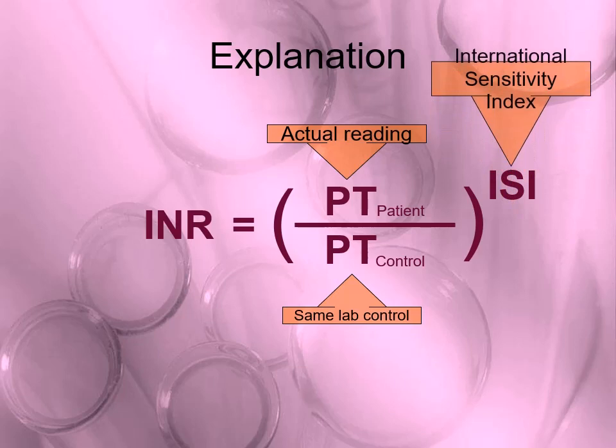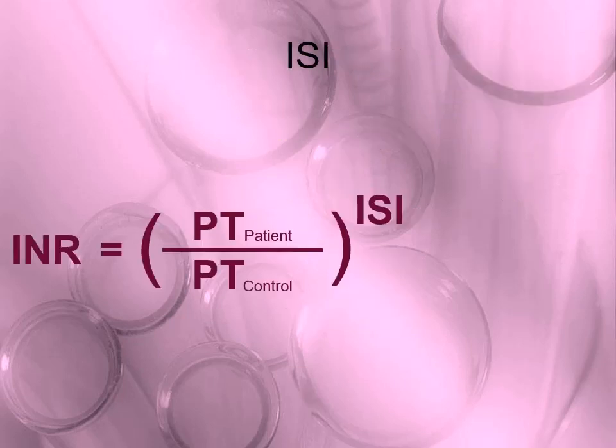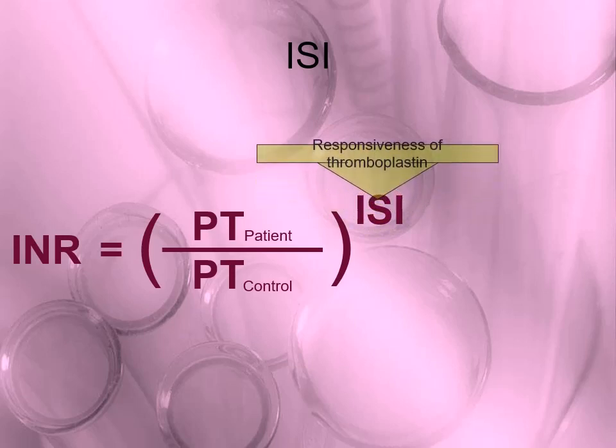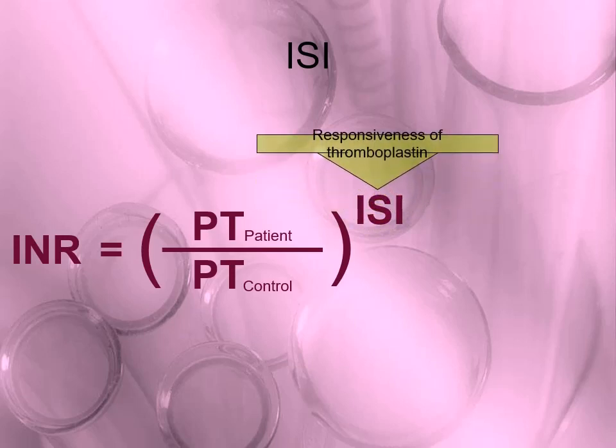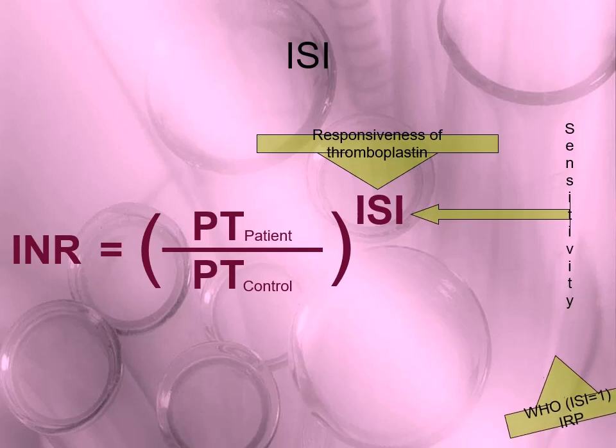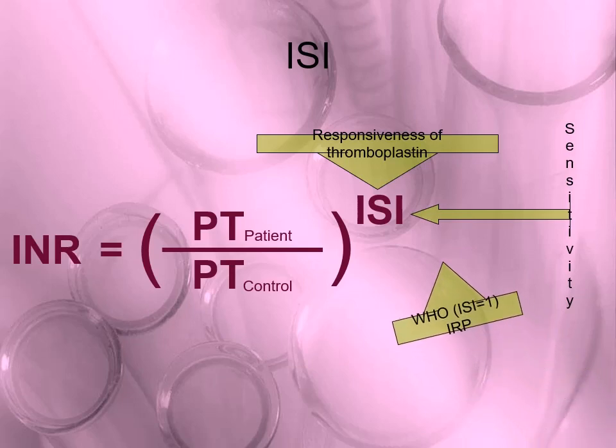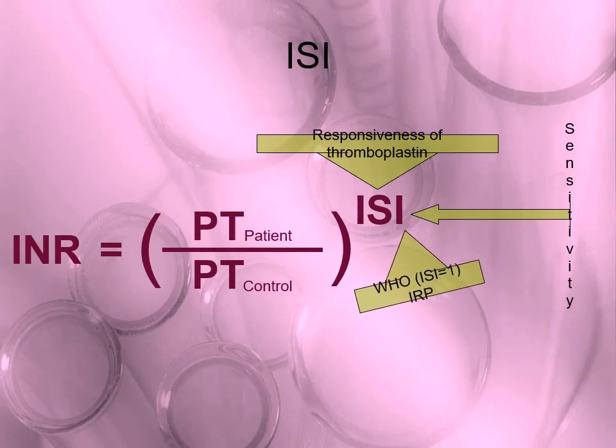ISI is the International Sensitivity Index. The ISI measures the responsiveness of the thromboplastin used. The ISI expresses the sensitivity of a thromboplastin reagent compared to the WHO reference thromboplastin, where ISI is equal to 1, also called IRP, or International Reference Preparation.